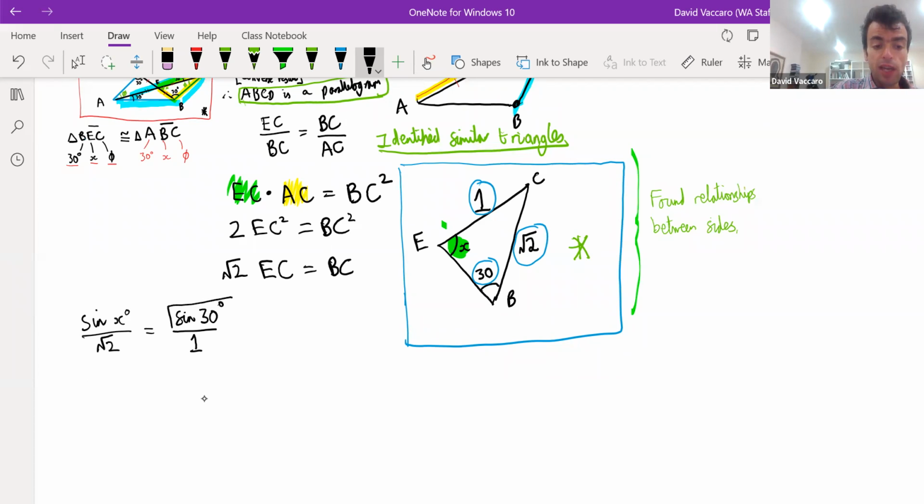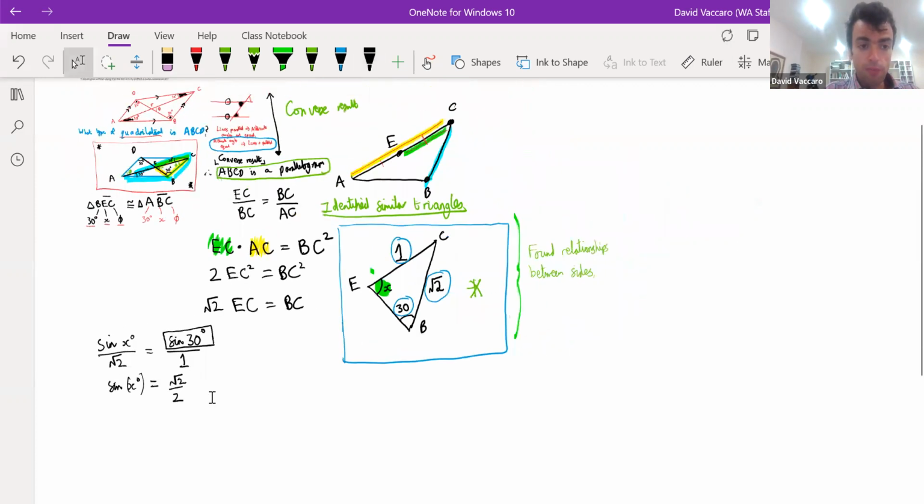Well, the value of sine 30 is known. The value of sine 30 is 1/2. So we get sine of x degrees is equal to the square root of 2 over 2.